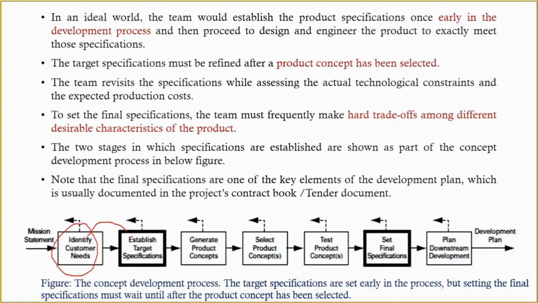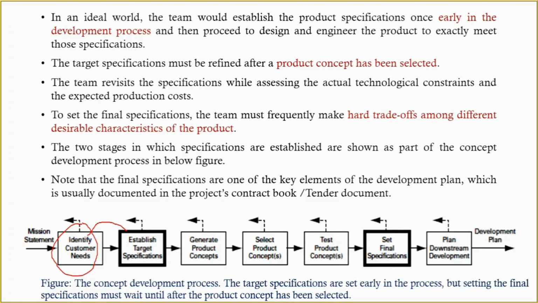You can remember that in the previous slide we identified the needs and gave the importance rating from 1 to 5. As in this figure, we identify the customer needs first, then establish the target specification based upon them, then generate the product concepts, select one product concept, test it, set the final specification, and then further downstream development happens.